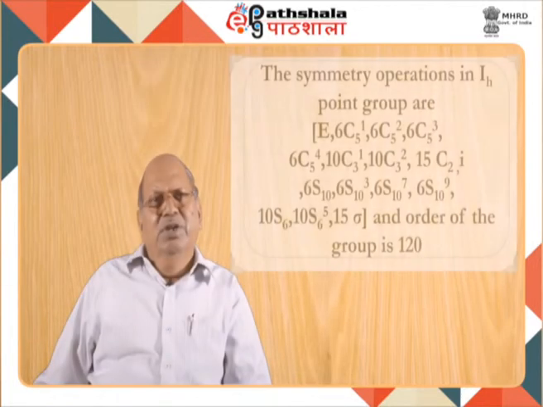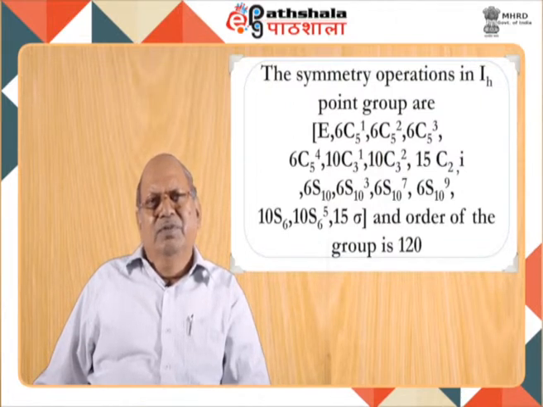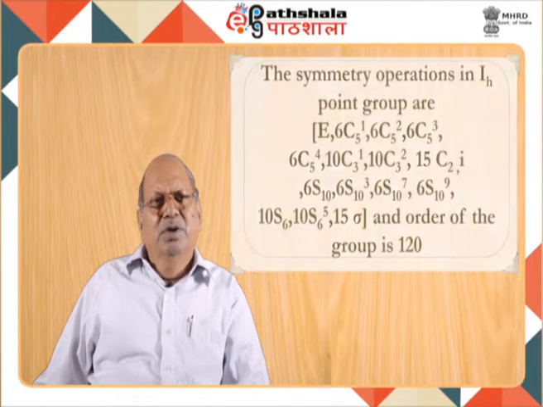Now, the icosahedral point group. This is a highly symmetrical group, and molecules belonging to this are rare. Molecules with icosahedral shape have 20 triangular faces, and dodecahedral molecules with 12 pentagonal faces belong to the icosahedral point group.